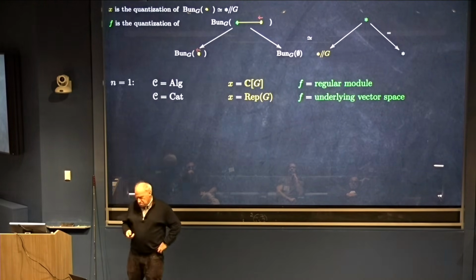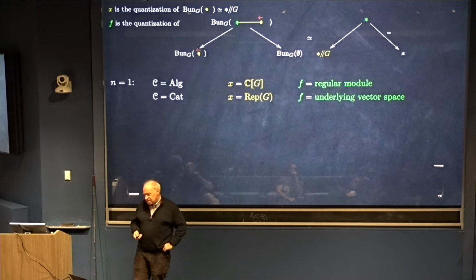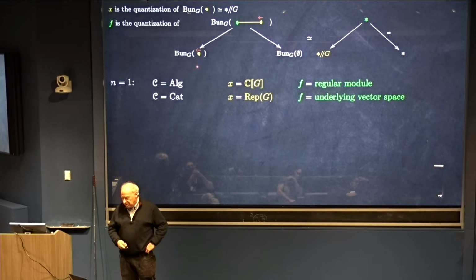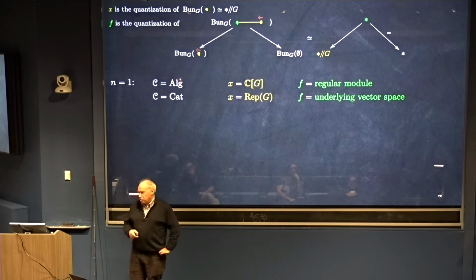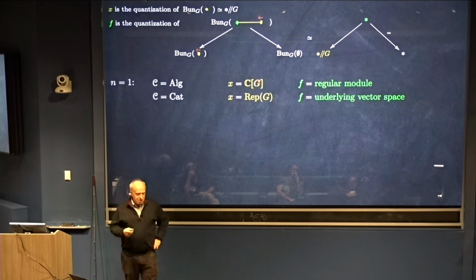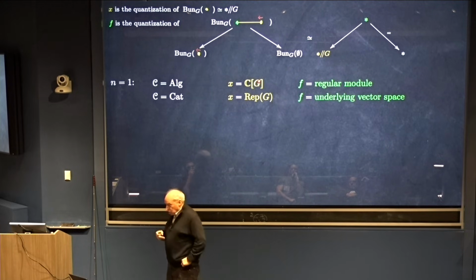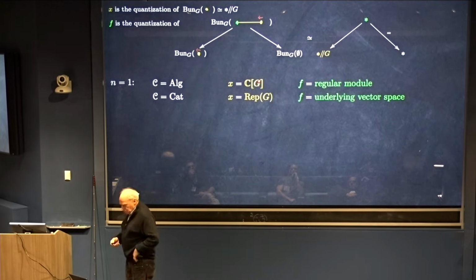So if n is equal to 1, so that's quantum mechanics, if you like, there are a few different standard choices we can take for where to do this quantization. If we take the Morita category of algebras, then when we just quantize what's on a point, which is point mod G, we get the group algebra of G. So when I said before this analogy with algebras and left and right modules, here we actually have an algebra.